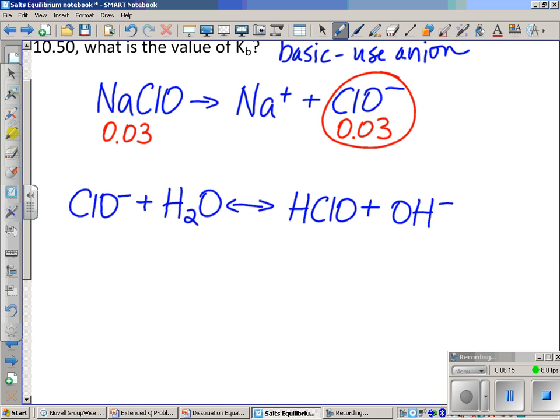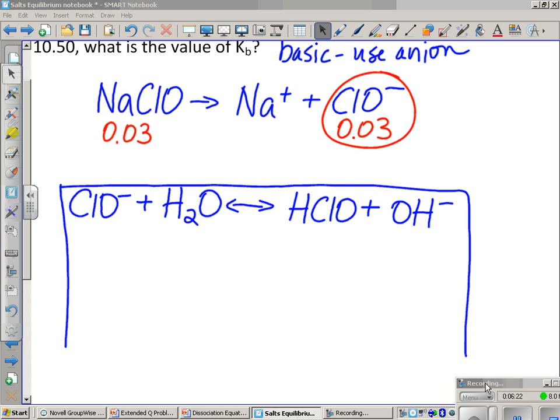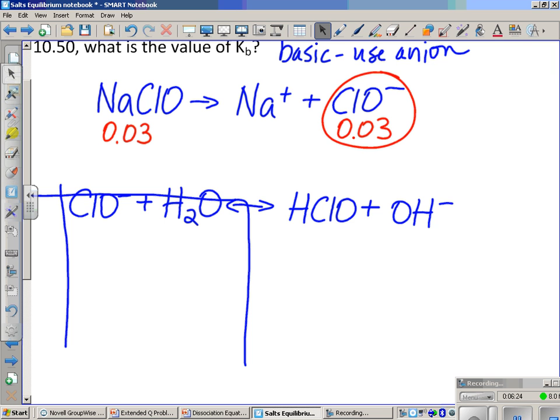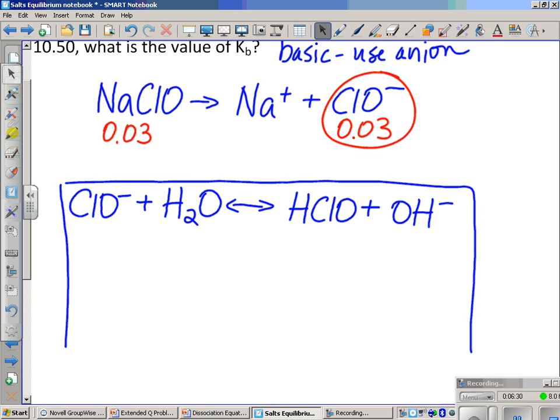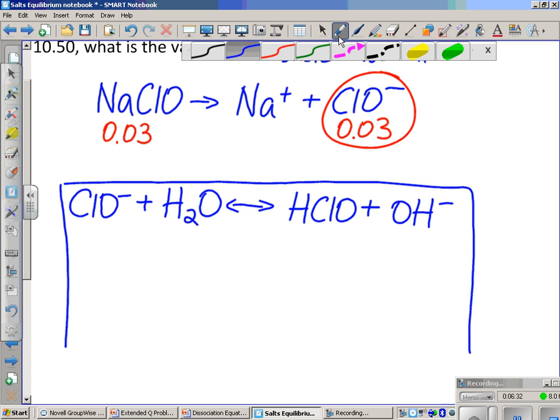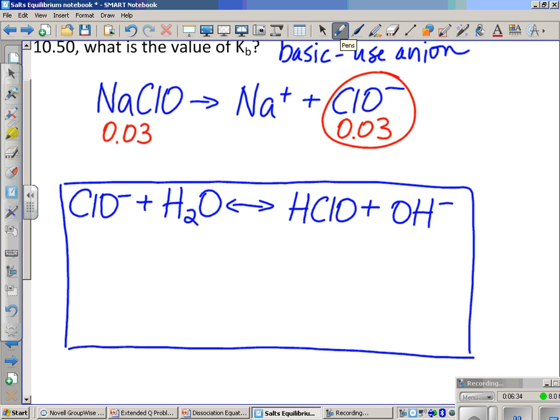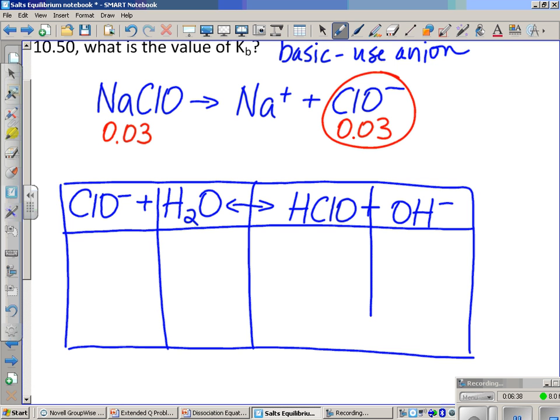Okay, just a little thoughts for you to have. Now that you have your equation, now it's just a regular old problem. You're going to put your table around it. Make sure you cross off the H2O column. Don't want you to forget and try to use it.